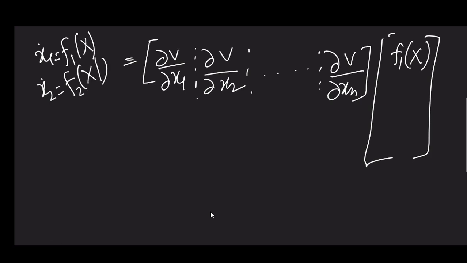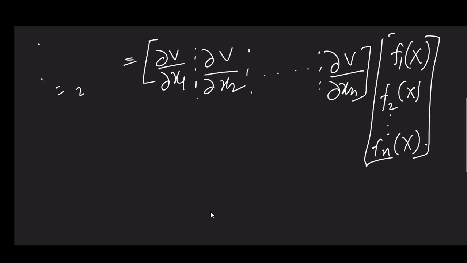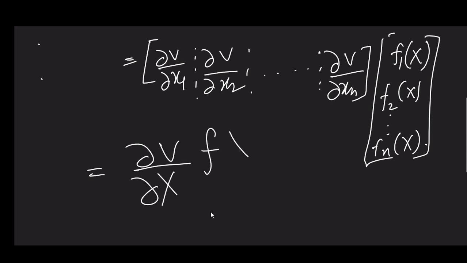Now as we are considering an autonomous system, we are not mentioning t over here, so you get fn(x). Now see what we are doing here. It's a very simple thing: this whole thing can be written as del V del x times f(x).